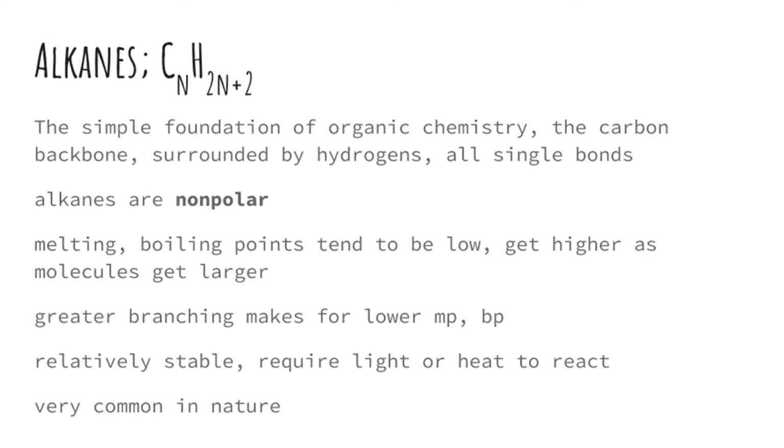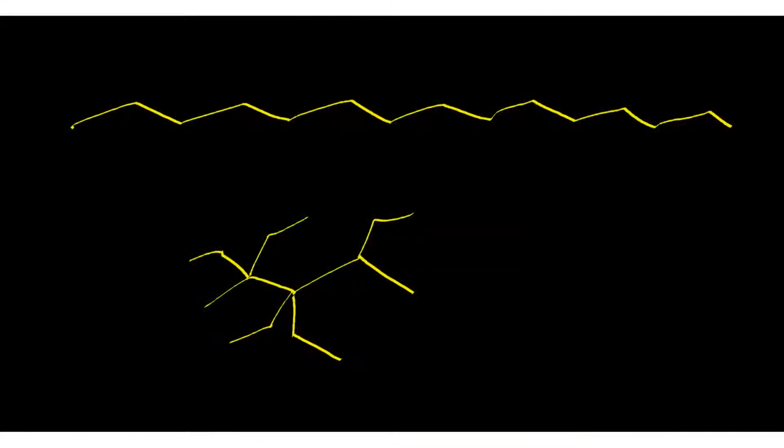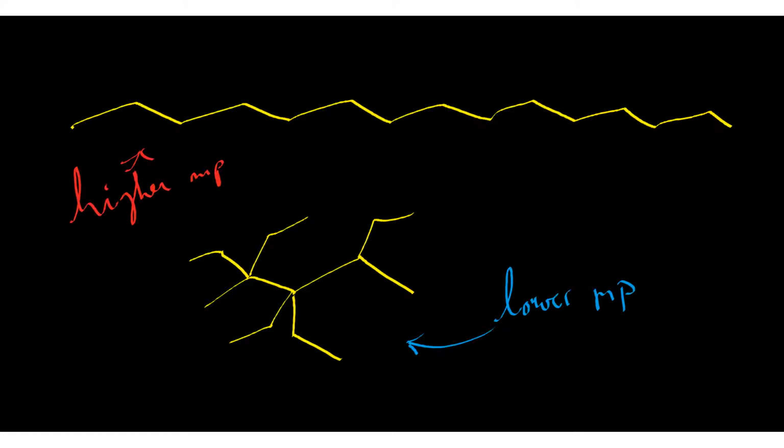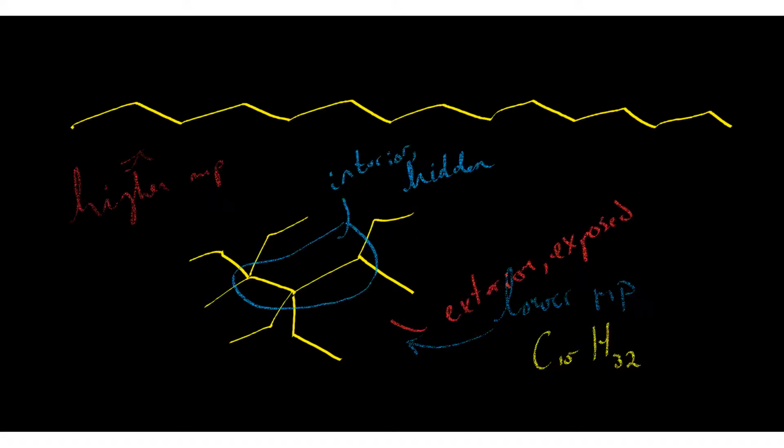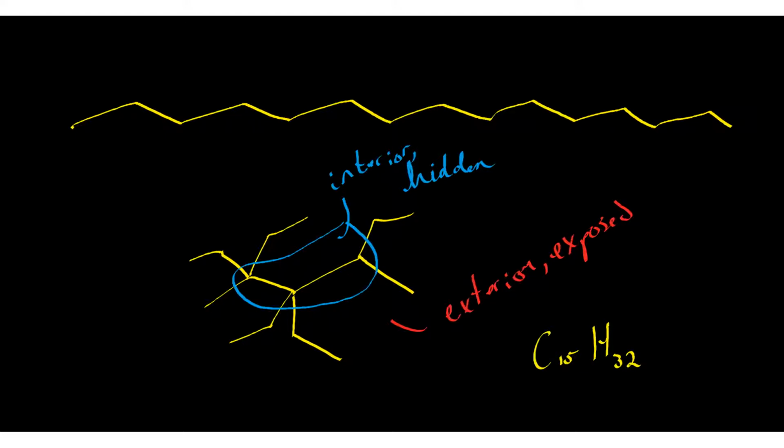The other thing is branching. That's when you have lots of side chains coming off of your main chain. So a long floppy chain with the same chemical formula as a very highly branched chain. The floppy chain is going to have a higher melting and boiling point than the branched chain. This is because a lot of the branched chain can be thought of as sort of the interior of the molecule.